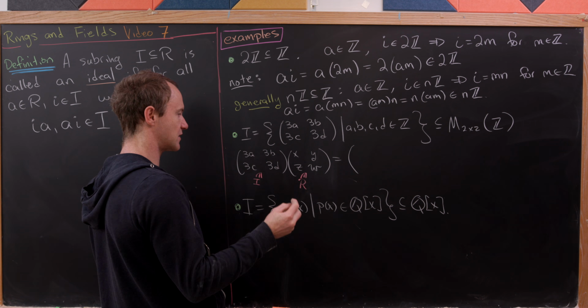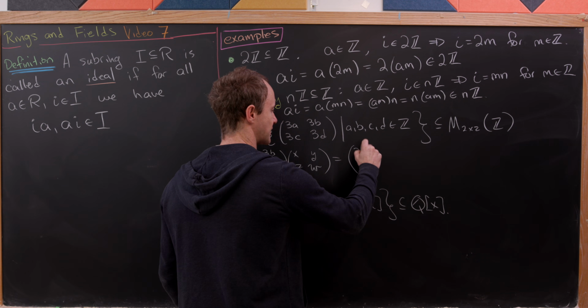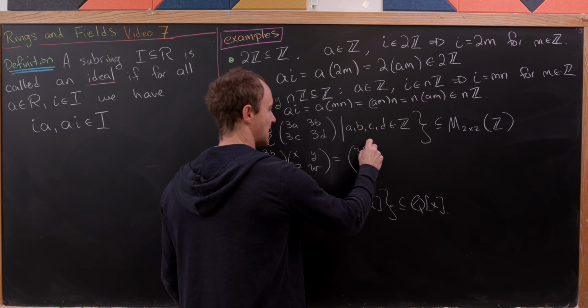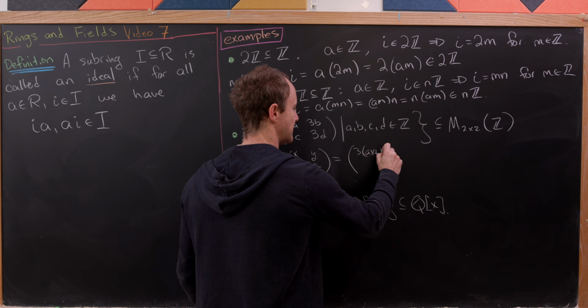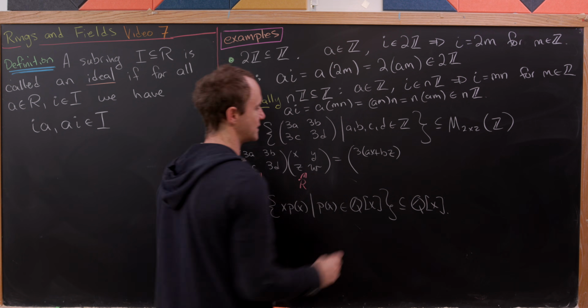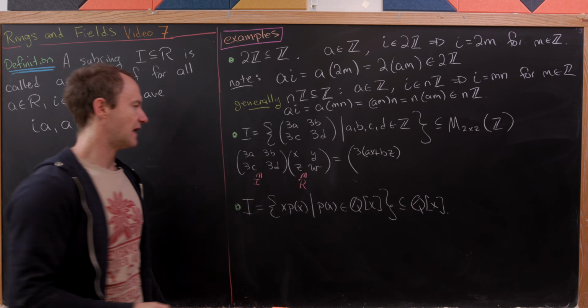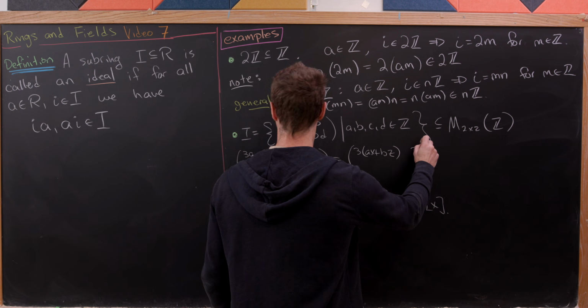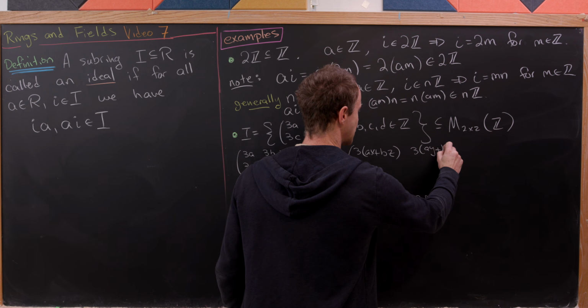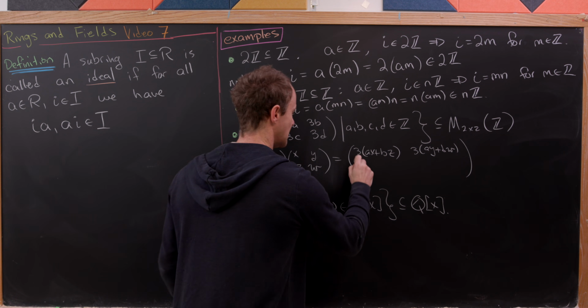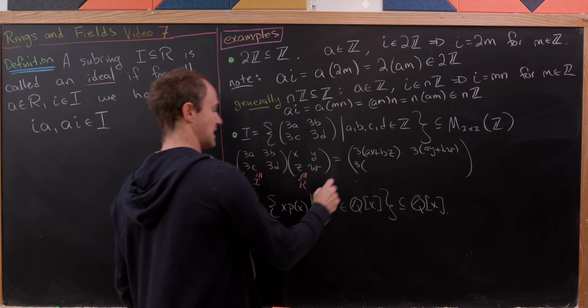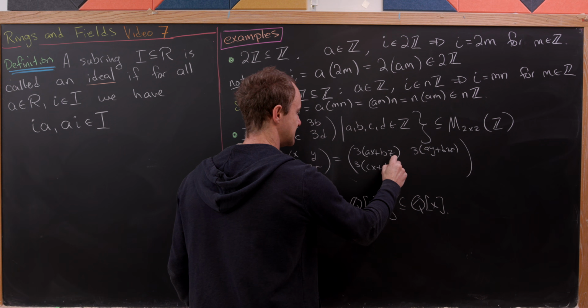So using standard rules for matrix multiplication, for this first entry, we're going to have 3 times (ax plus bz). Of course, we factored a 3 out. And then here we're going to have 3 and then (ay plus bw) in that entry. And then down here we're going to have 3 and then (cx plus dz).